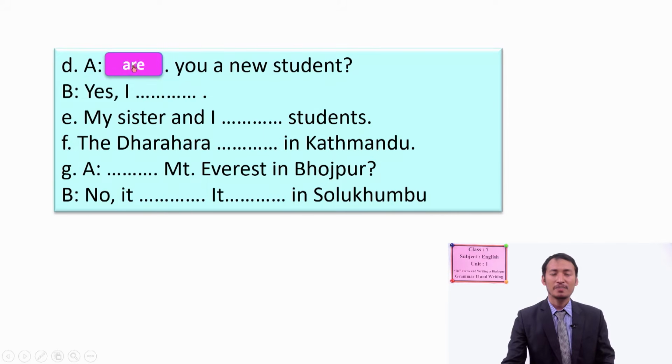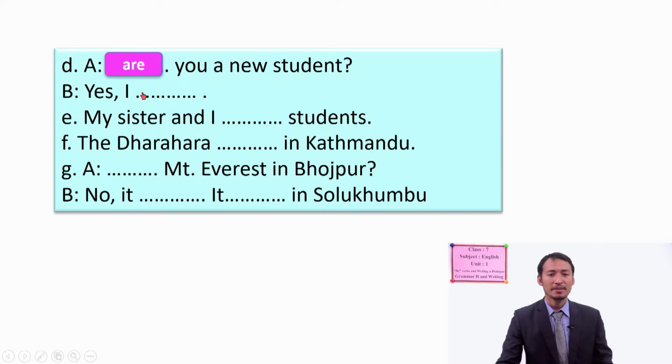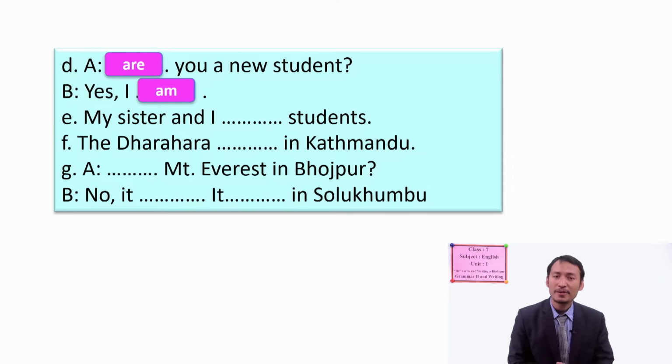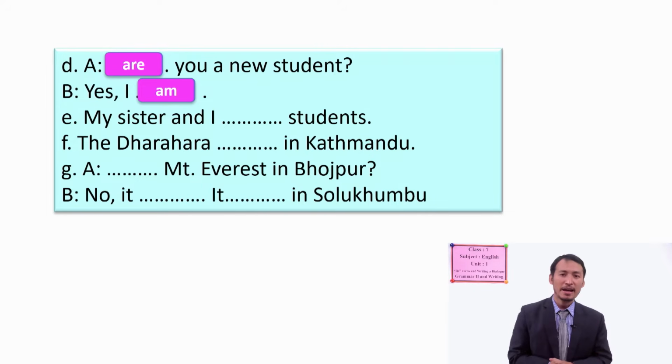Okay, we can also make the first letter R capital at the beginning, but I have a different one here. You can make it. And yes, with the pronoun I, we use am, right? Yes, I am. And my sister and I. Which one do you think? Is it am?